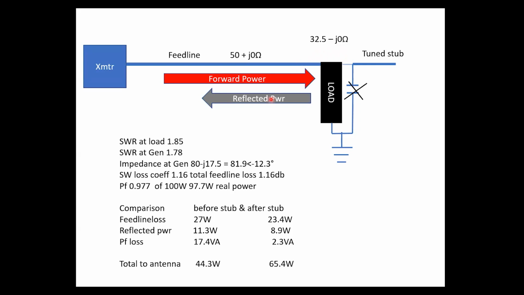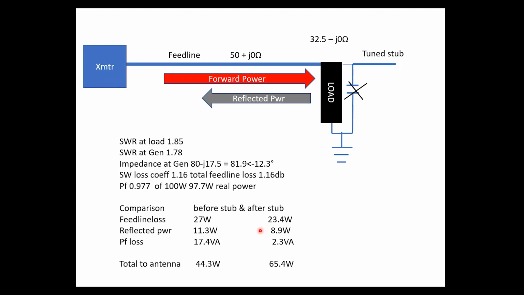That changes my, I'm sorry, I lied earlier. It was a 2.13 dB total SWR, but just changing that part changes the SWR at the load to 1.85. Due to losses in the feed line coming back to the transmitter, we'll see 1.78 at the transmitter. But look what that does.